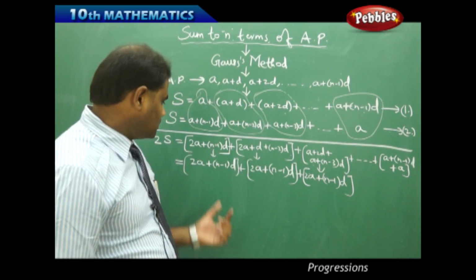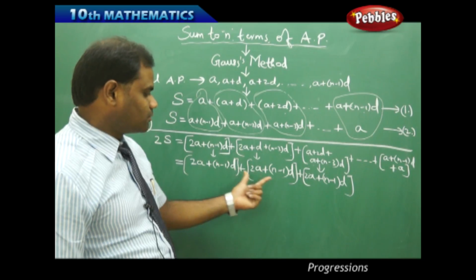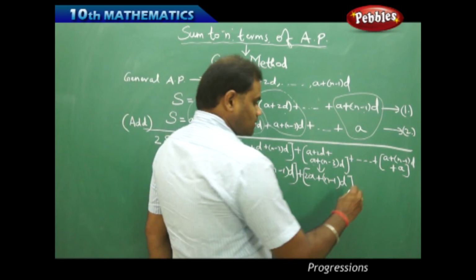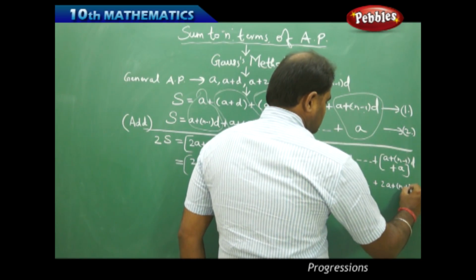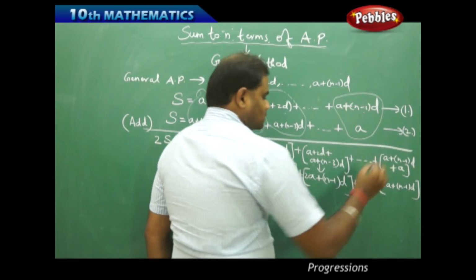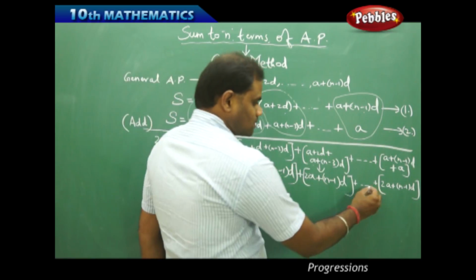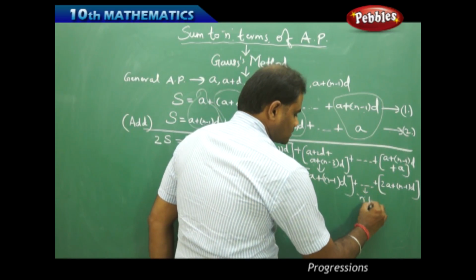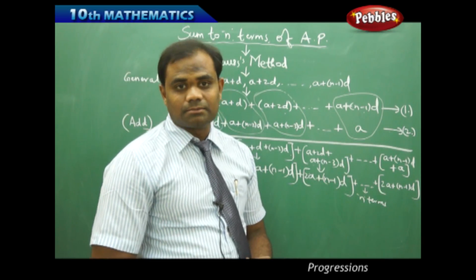So I observe that each of the terms when simplified gives me the same term, 2a plus n minus 1 into d, 2a plus n minus 1 into d, and so on and so forth. I get all equal terms until I reach the last term. Now I observe there are n terms in total.